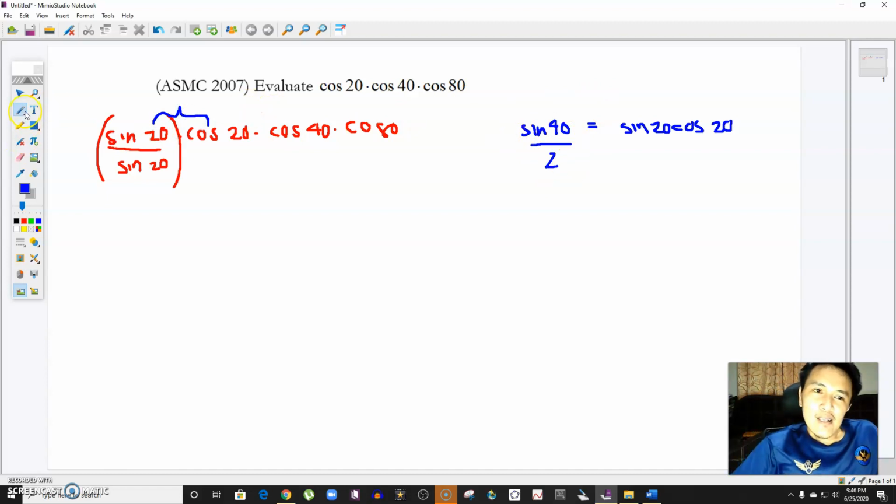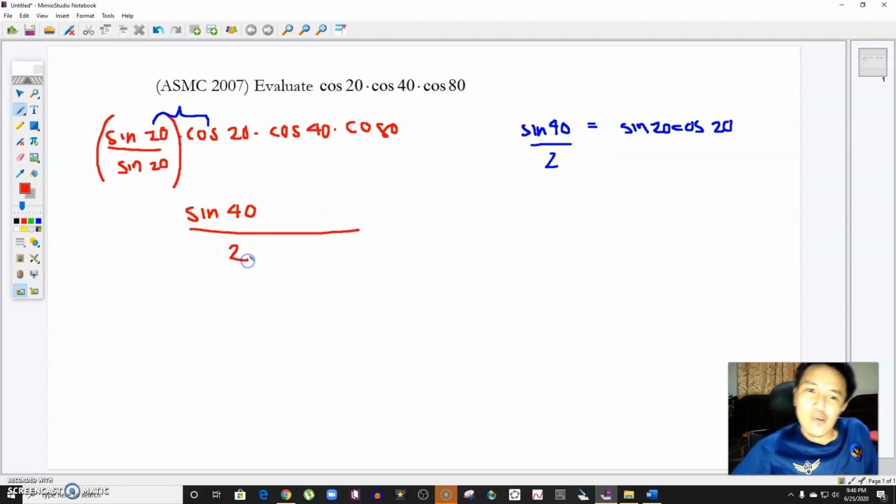See that? So again, let's replace that. That will be sine 40 over 2, and then I'll just copy the remaining two factors: times cosine 40 times cosine 80 over sine 20.